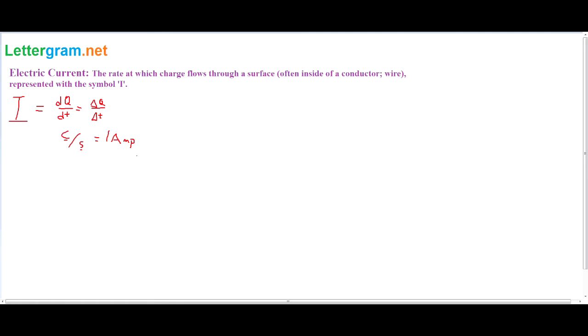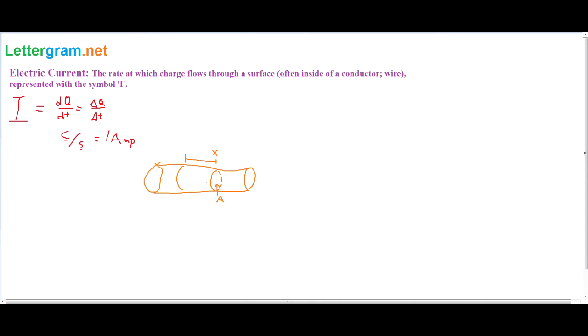Amp is going to be the conventional unit for current, and this is kind of confusing, but say we have a wire here like this, and we have a certain amount of charge flowing through this wire for a distance of x, and we have obviously an area right here, which is A. The amount of charge flowing through this area will be essentially the current.